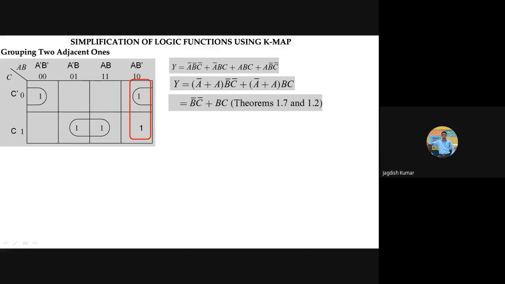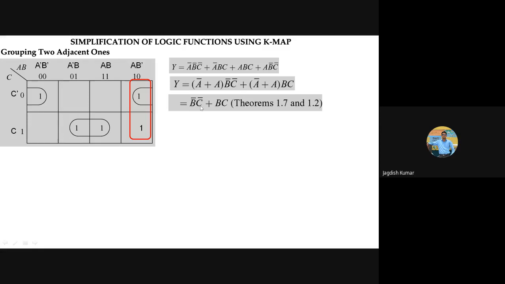Yes, expecting your answer. A, B complement. You can check. So this will be A, B complement, because C, even if it changes from C dash to C, nothing changes.